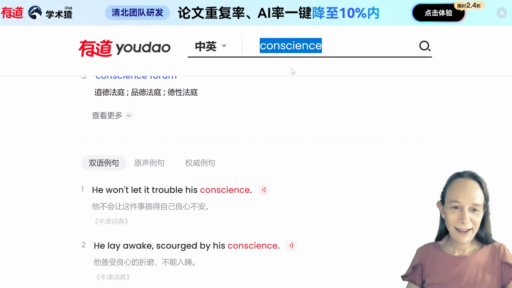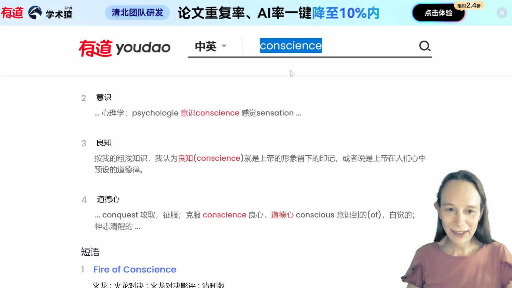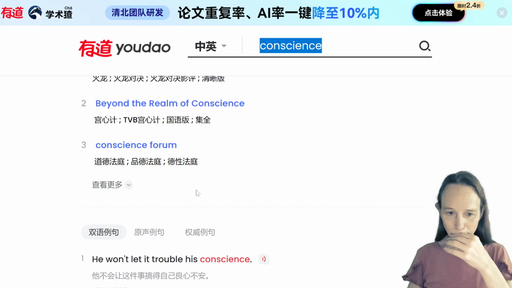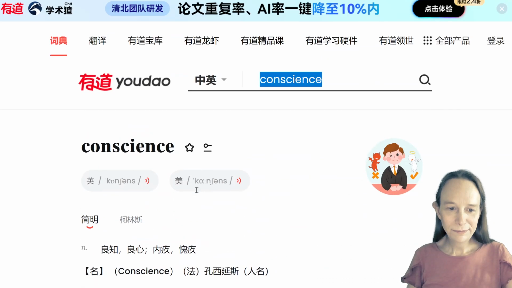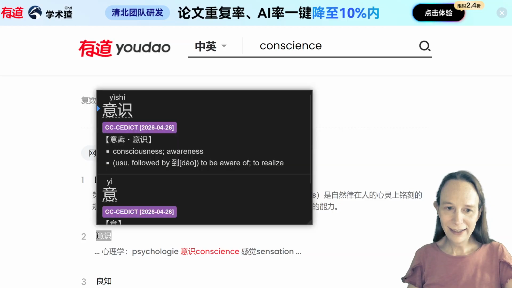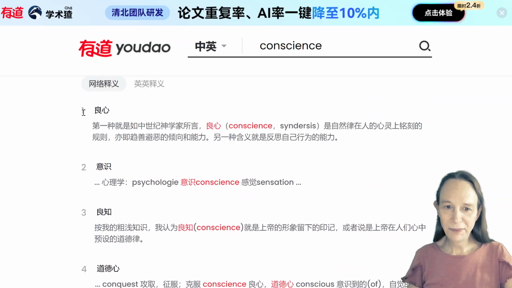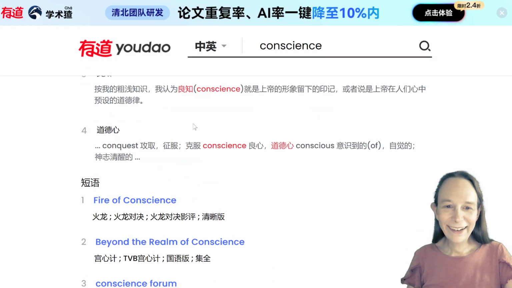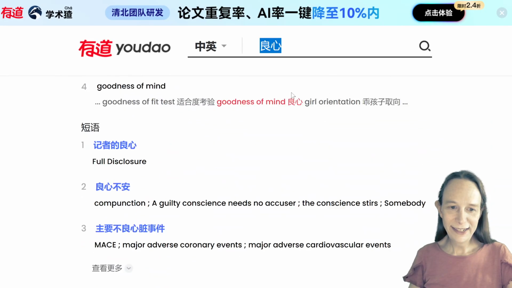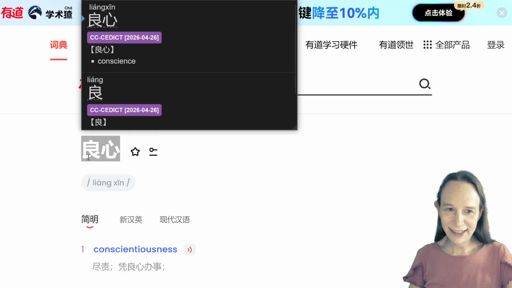Maybe it's just 内心 or something. 良心 is conscience, not conscious in the sense of consciousness. All right, let's move on. Conscientiousness and conscience are very, very different words.